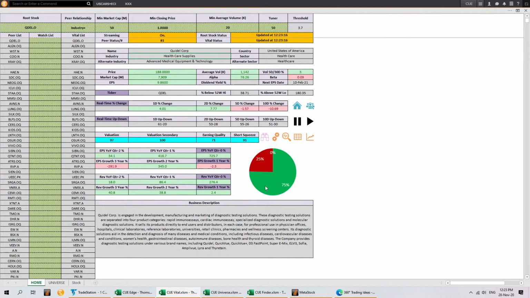If we look at the fundamental score, I could not hope for better fundamentals. Excellent valuation, the best possible secondary valuation, very robust earnings quality, short squeeze potential, 725% earnings growth, preceded by 416%, preceded by 34%.